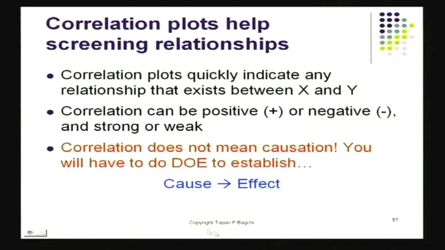This will be verified by DOE, but when I make the correlation plots, do I get a positive relationship, or do I see a falling, negative relationship? If such indications are there on the correlation plots, it would give us a pretty decent idea that perhaps I've located one or two factors that might be causing that effect.